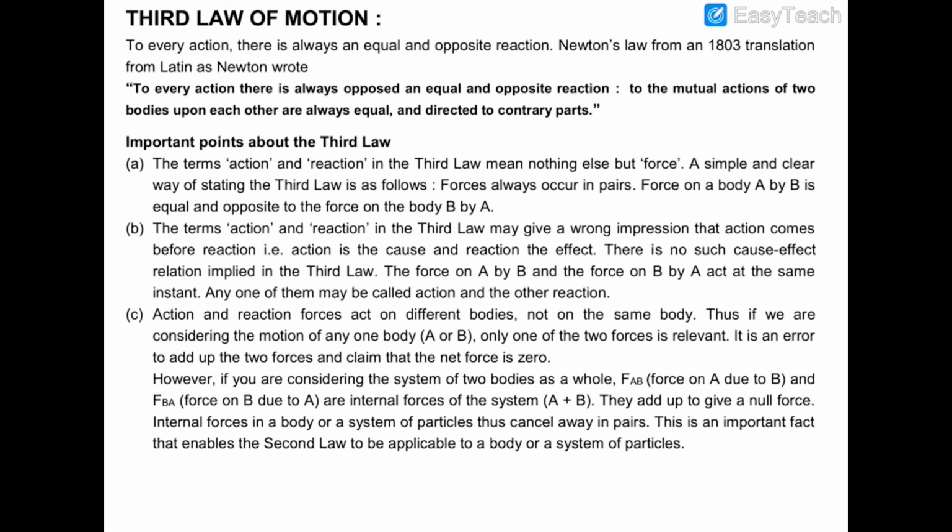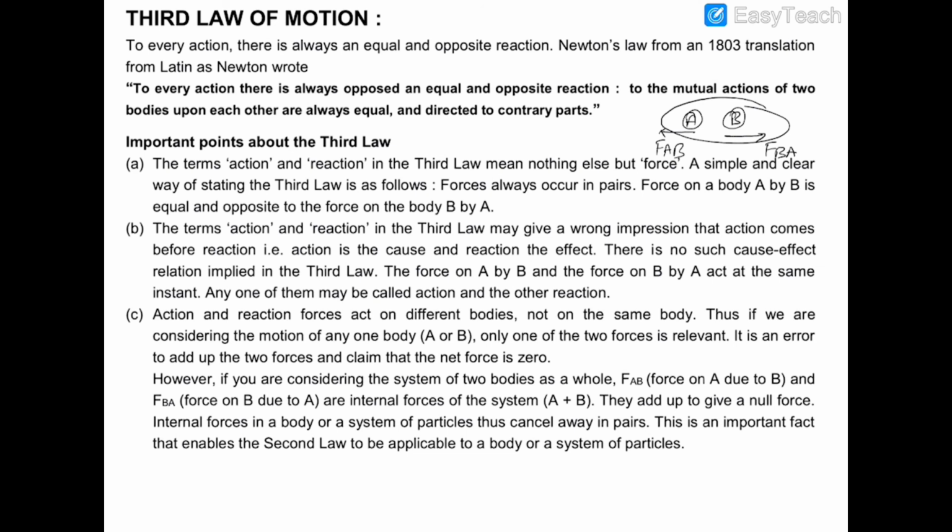Now, if we consider a system of two bodies as a complete system, then the force on A due to B and the force on B due to A are the internal forces of the system. The system consists of the two bodies A and B, and they add up to give a null force. Suppose there is a body A and a body B. The force on A due to B we can call FAB, and the force on B due to A we can call FBA.